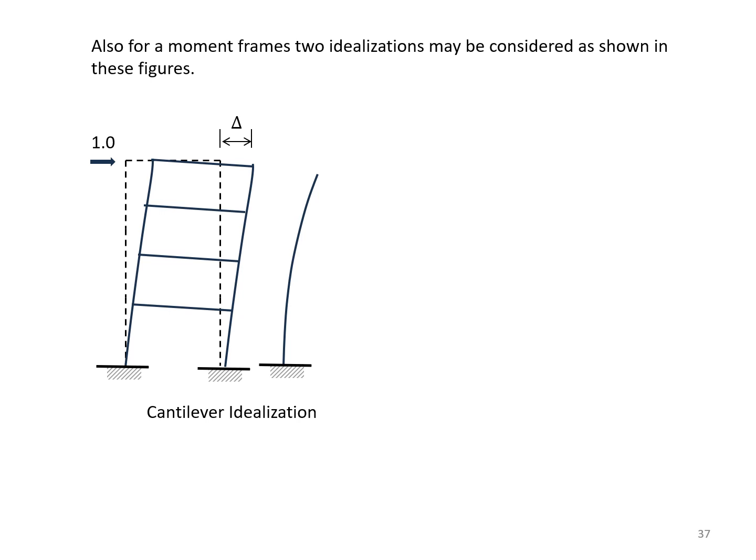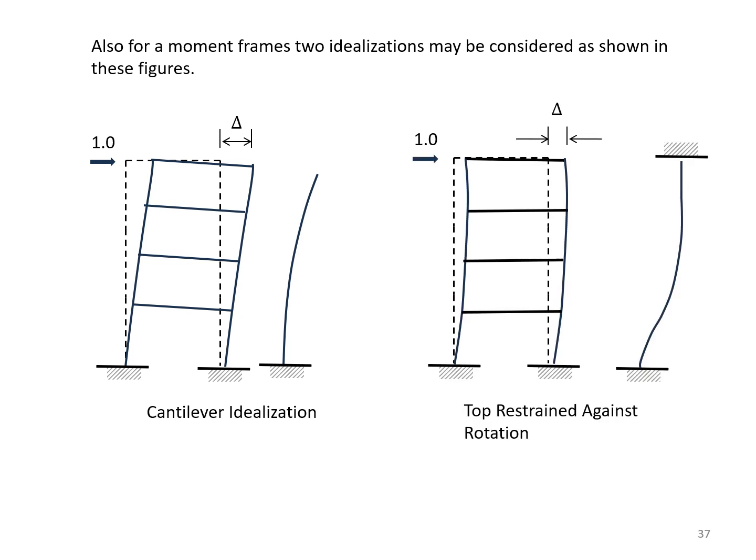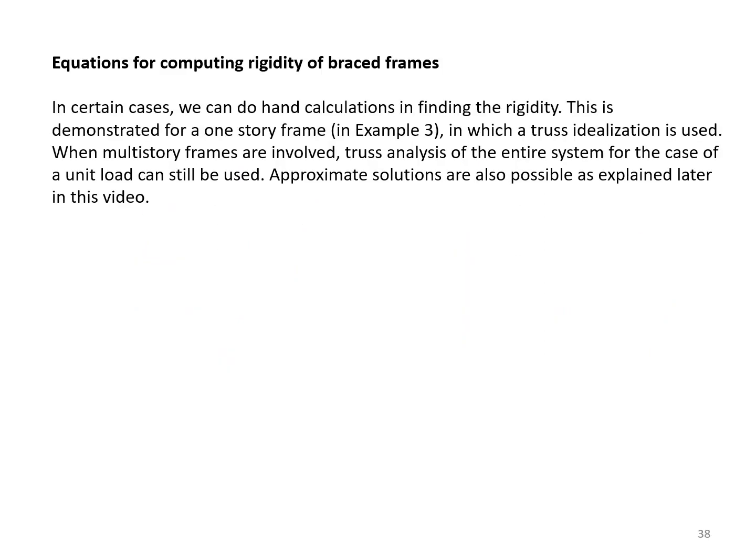One is a cantilever idealization like before. The other one is top restraint against rotation, this one. And then these idealizations are important in simplifying the process, and we can do hand calculations. So let's look at a brace frame.